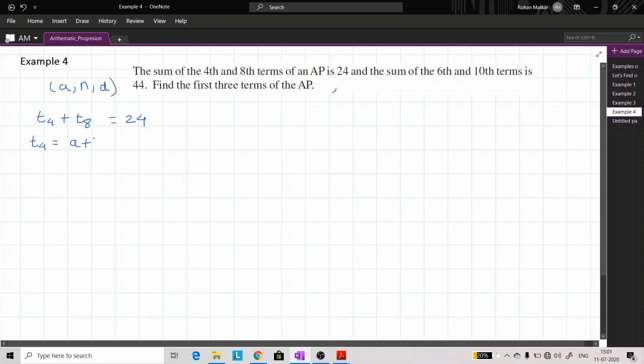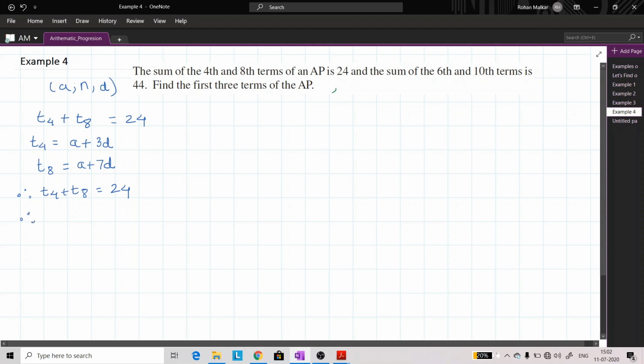So 4 minus 1 will be 3, and it will be 3 times D. Then T8 will be A plus 7D. And if I add them together, I get T4 plus T8 as 24.